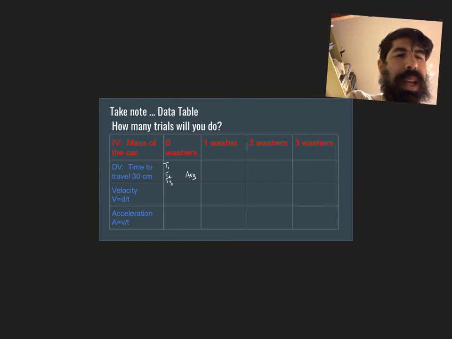Every time you race that car down the track, that's another trial. You can try it with 0 washers, 1 washer, 2 washers, and 3 washers, giving you lots of opportunities to run this and measure the time, calculate your 4 averages, your 4 velocities, and your 4 accelerations.